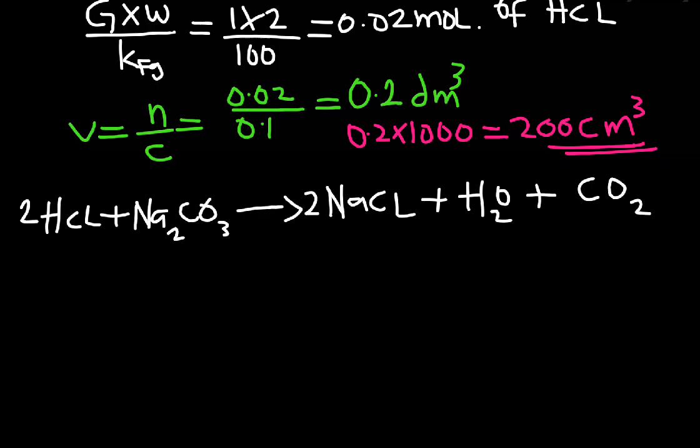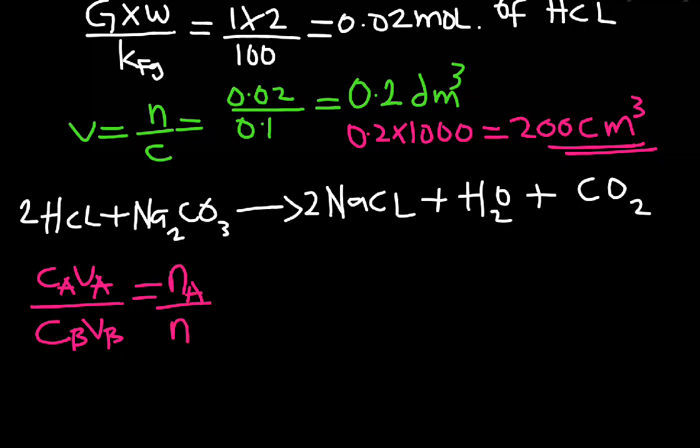Next, to solve for the volume of the acid, we make use of the concentration of the acid times the volume of the acid over concentration of the base times volume of the base, equals the mole of the acid over the mole of the base.